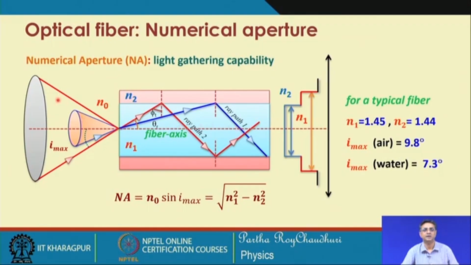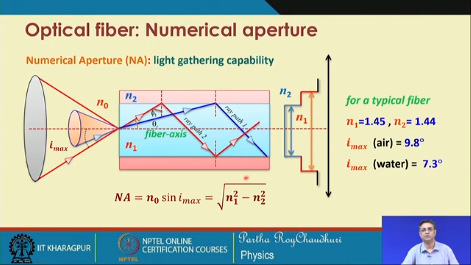So, as I said, it defines a cone of light which is known as the acceptance angle, or in terms of the numerical aperture, which defines the light gathering capacity of the optical fiber. You can represent this mathematically: the numerical aperture, which is the square root of n1 squared minus n2 squared, is equal to n0 sin i max, the maximum angle that is allowed for the rays to be guided into the structure.